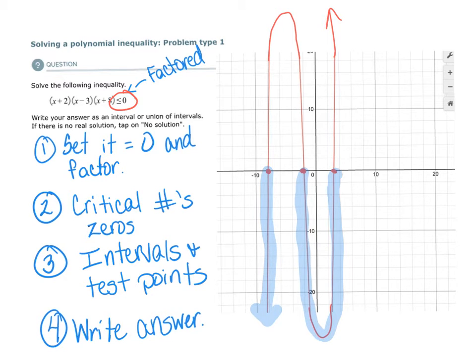Because that is less than or equal to, this point and this point are included. If the or equal to wasn't there, then we wouldn't include those. I don't recommend this because you've got to be able to solve it algebraically, but here we're identifying where this graph is less than or equal to 0.